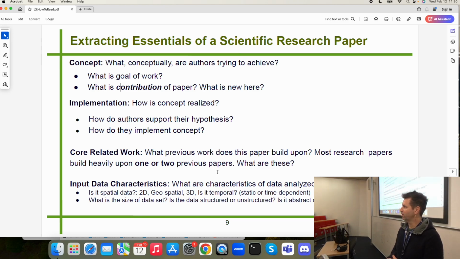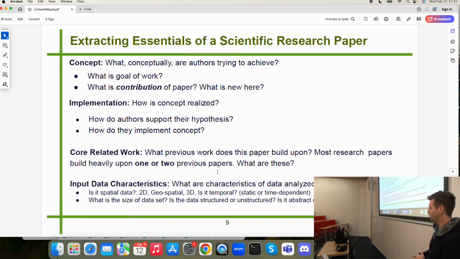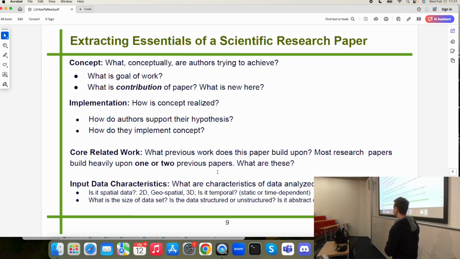Usually we're dealing with data of some sort. There are exceptions, but they're rare. The only exception I can think of is a mathematical proof. Mathematical proof might not have input data the way we're using it here, but everything else will have some input data. And we'll be wondering what are the characteristics of the data analyzed and visualized in the paper.